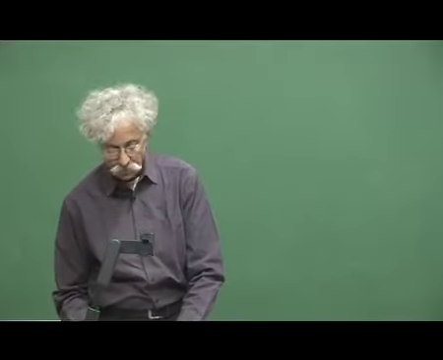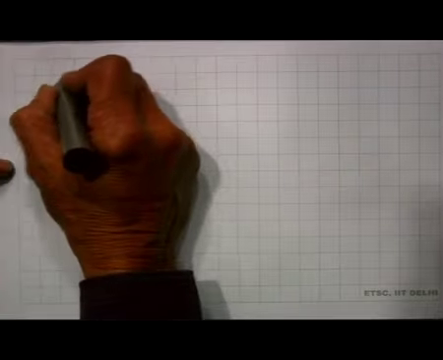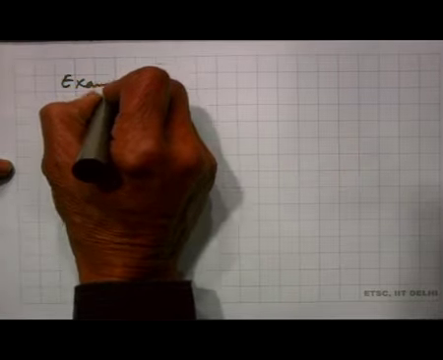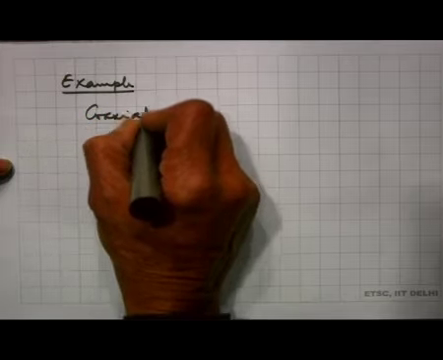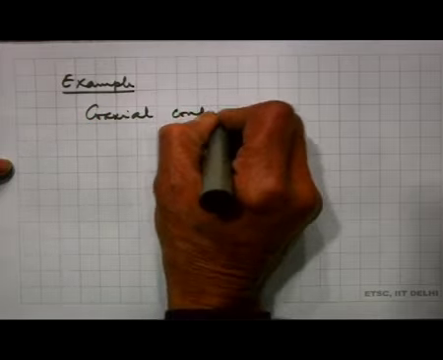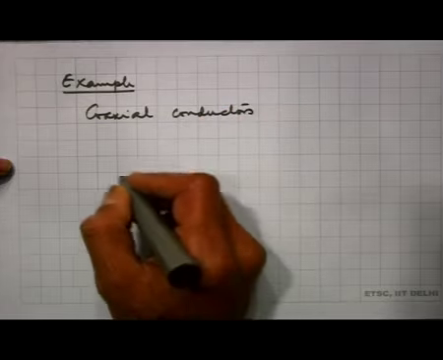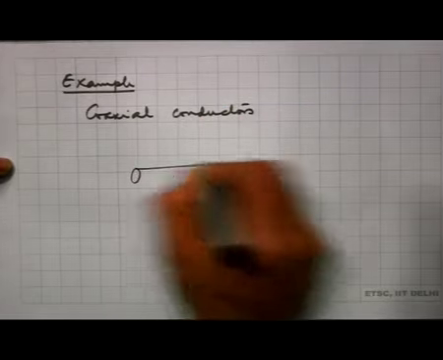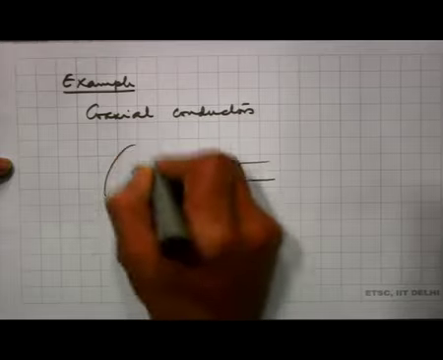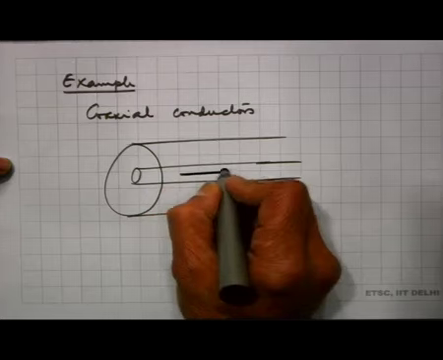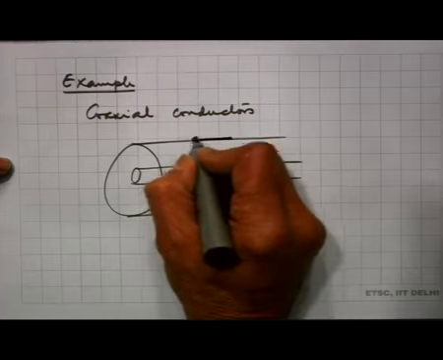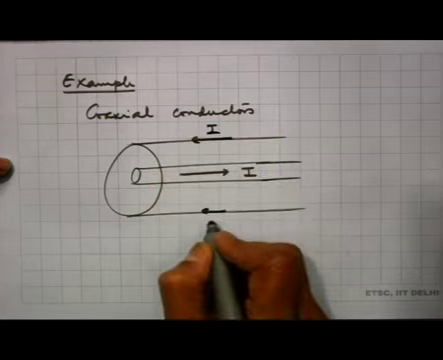Now, we would like to look at another example: a coaxial conductor. The problem is the following. I have one conductor here and another one outside. Current flows like this in this conductor and flows backwards in the conductor outside.